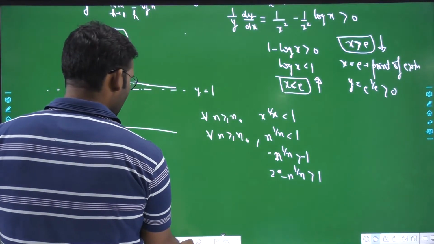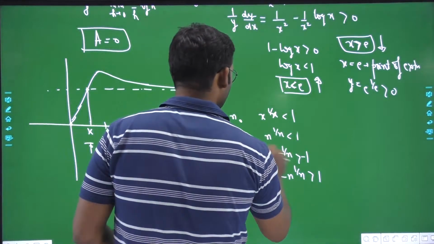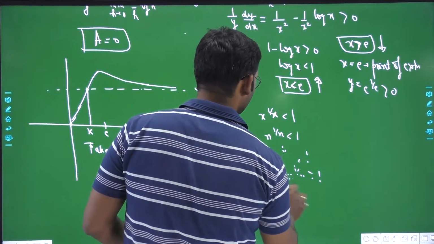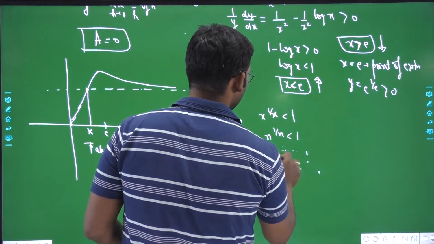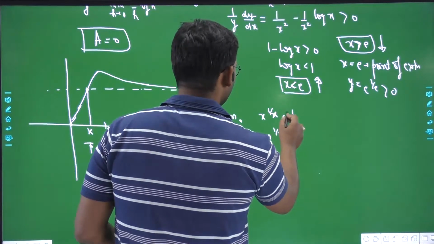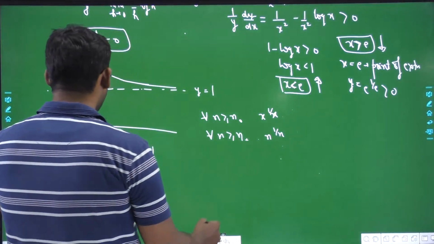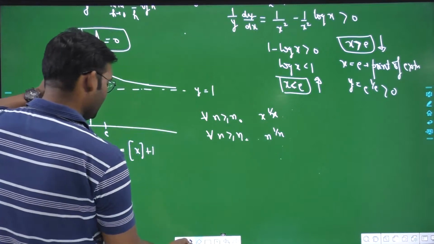Let me write this particular thing so that you will be able to understand the argument. Not less than 1, greater than 1. Okay. Now for all n naught, x to power 1 upon x will be greater than 1.